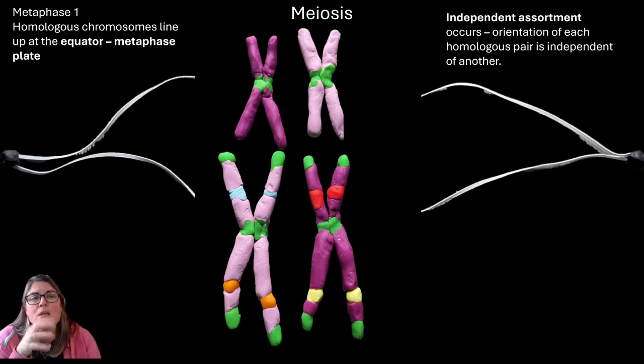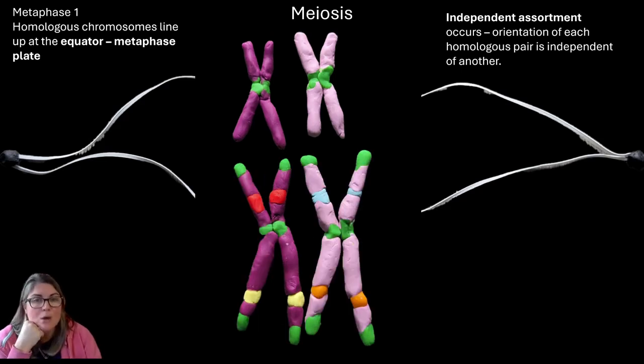So how did they orientate themselves when it came to those homologous pairs coming together? So you can quite clearly see I have my purple and pink Play-Doh, and therefore was it a case of that it went small purple on the left hand side and small pink, long pink and small and long purple?